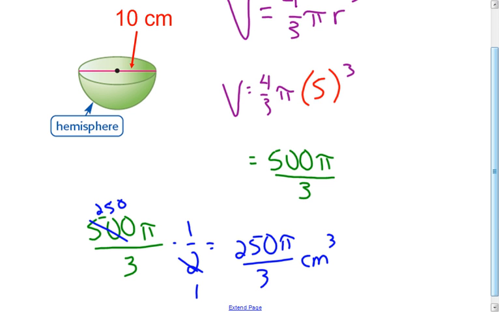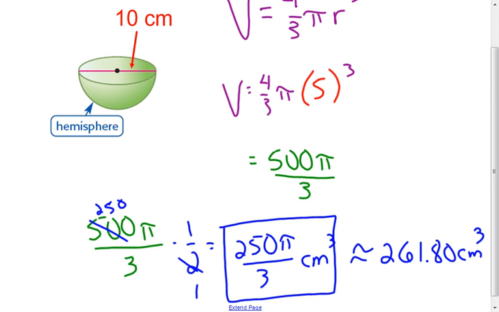Now if we wanted the approximate value, we would end up with approximately 261.80 cubic centimeters.